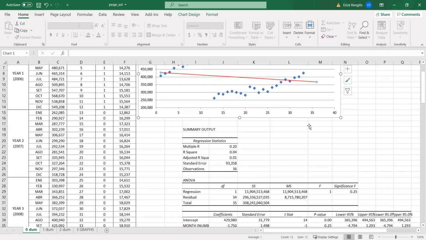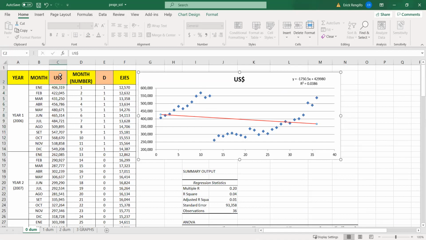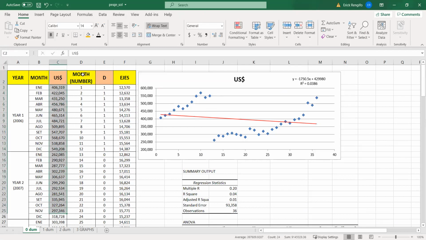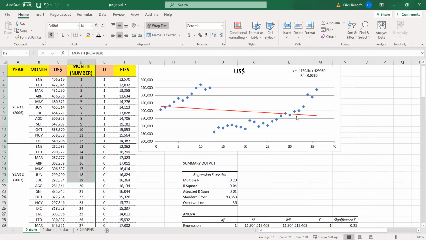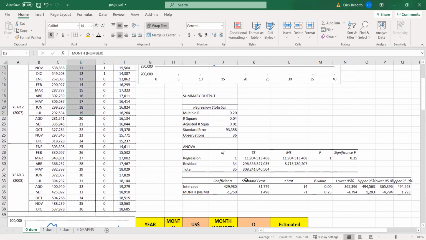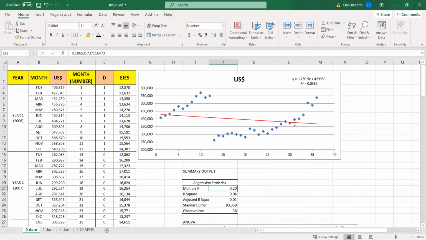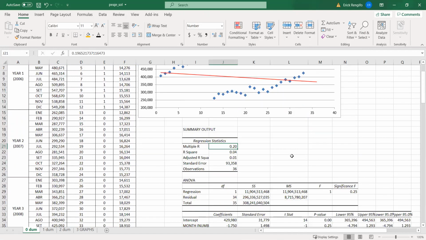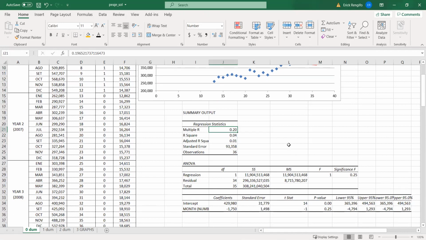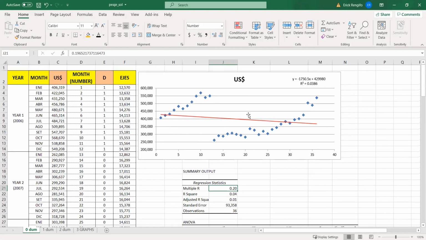My y is this one here, and my x is this one here. If you run that model, this is what you get. Your R squared, let me see. Yeah, this is the one. So basically, guys, you obtain something like this. It's terrible.